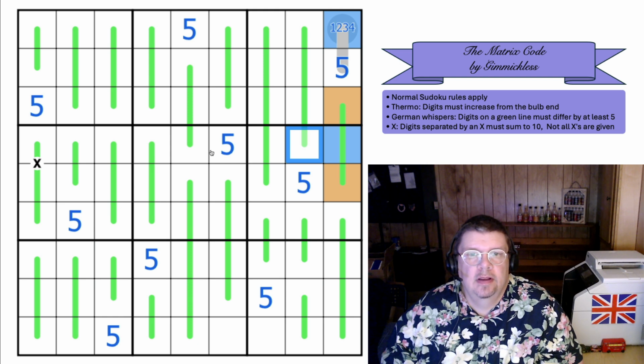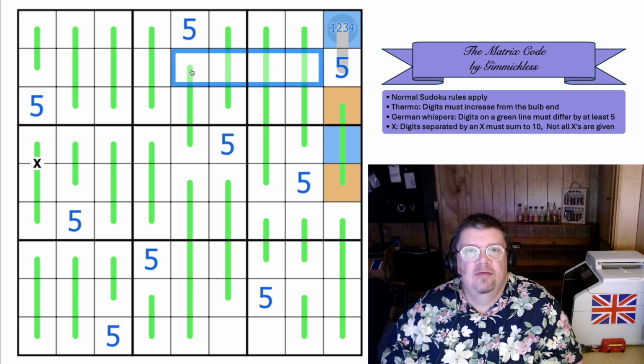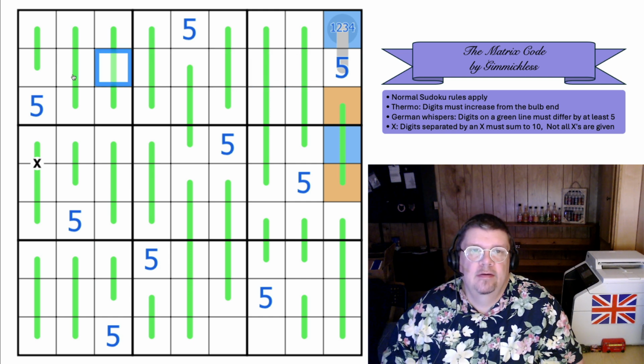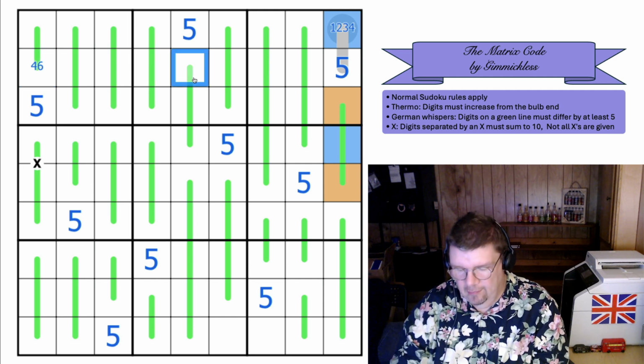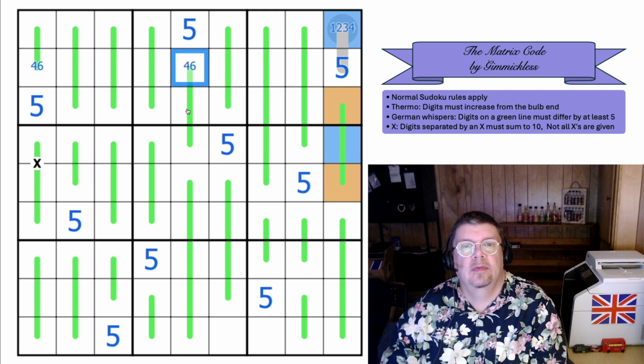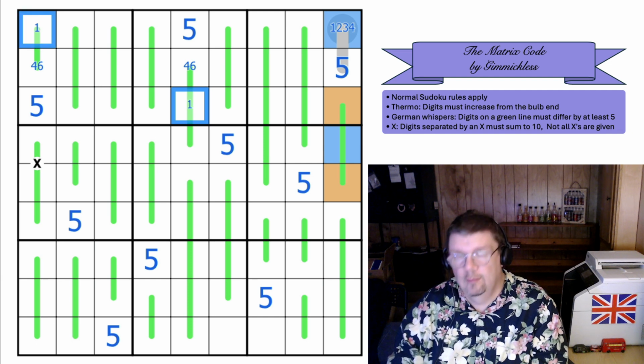Where do I want to look next? Right. Where do 4 and 6 go in this row? They can't go here, here, or here, or here, or here, or here. That's a 4 or 6. And that's a 4 or 6. So that makes those two 1 or 9.